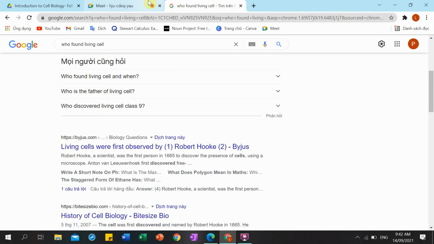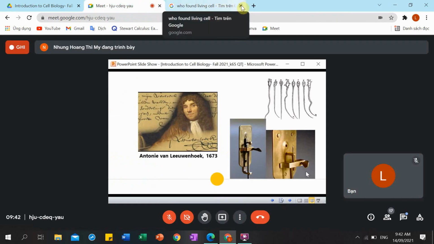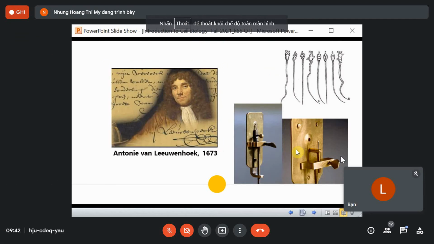I suspect it would be the needle right there. Yes, on the top of the needle here. This is the place where he put his sample, for example, a drop of water, or a drop of blood, or some other solution he collected from the environment surrounding him.